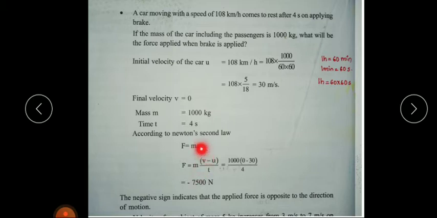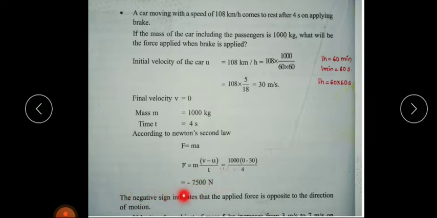So how can we find? We know the equation acceleration is equal to v minus u by t. V is the final velocity, u is the initial velocity, and t is the time. So what is the final velocity here? 0. 0 minus 30 divided by time is 4. Simplifying this, we will get minus 7500 Newton.